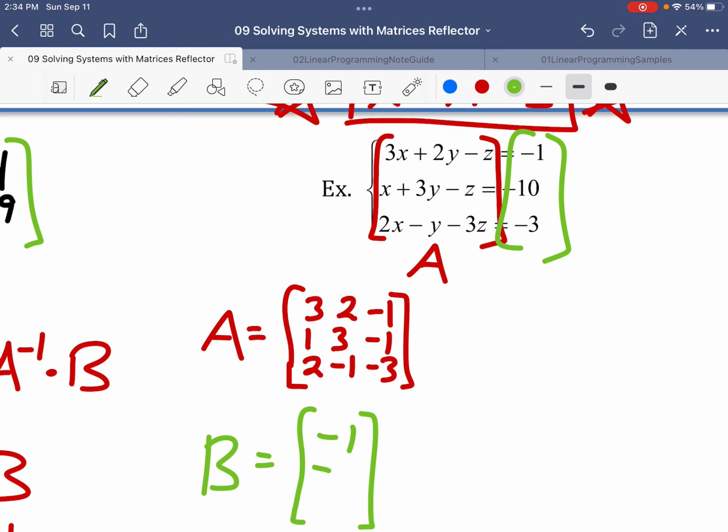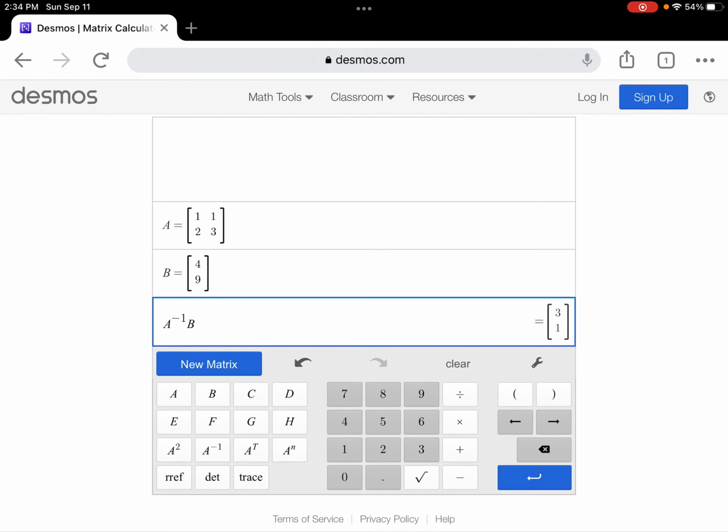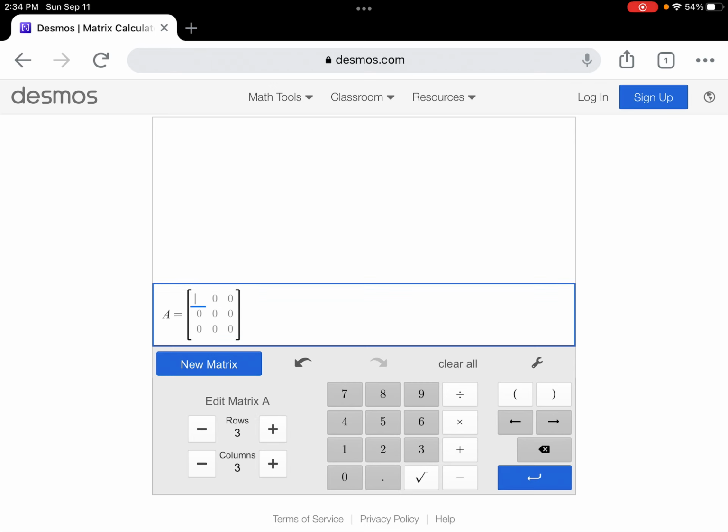Always be careful that you're grabbing those numbers correctly. So there we go. I know this works whether you're solving for x and y, or for x, y, and z. It's pretty slick. It's matrices, or I should say, it's systems solved with matrices.